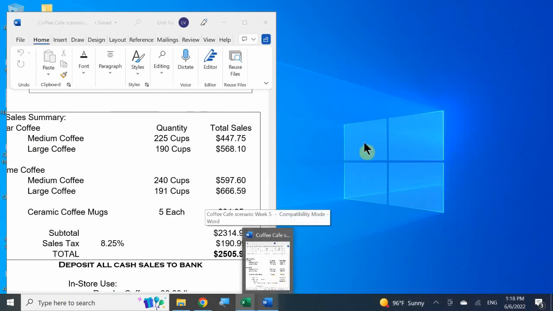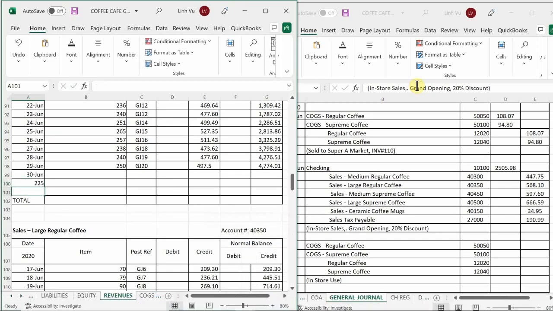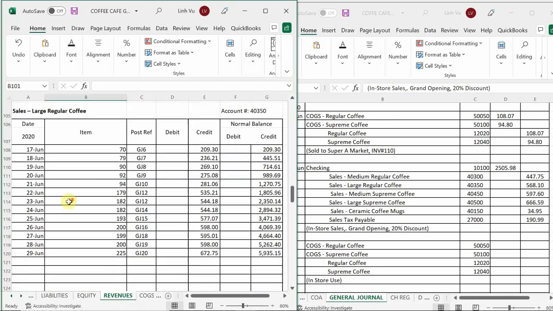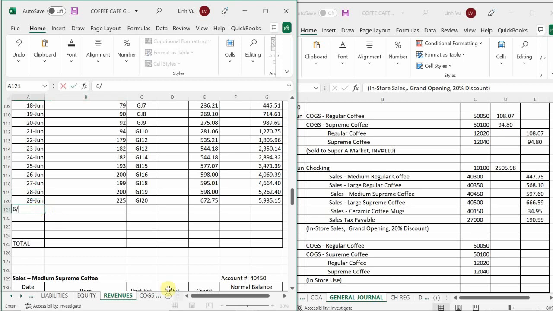We sold a total of 225 cups, for a grand total of $447.75, which got us a grand total of $5,221.76.